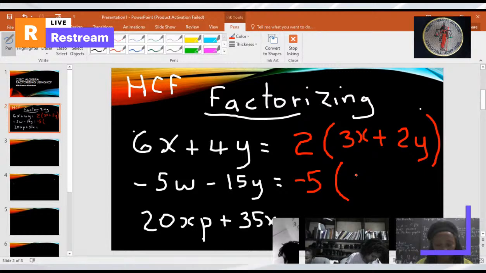Positive w, miss. Why is it positive? Because negative divided by negative gives you positive. So it's a positive w.